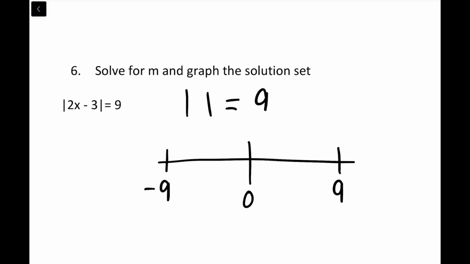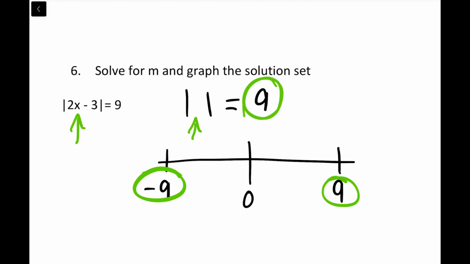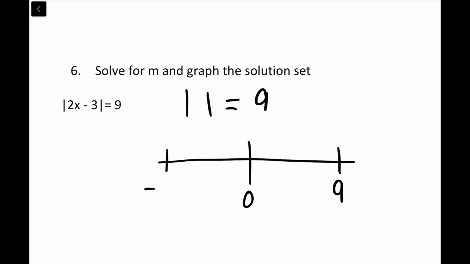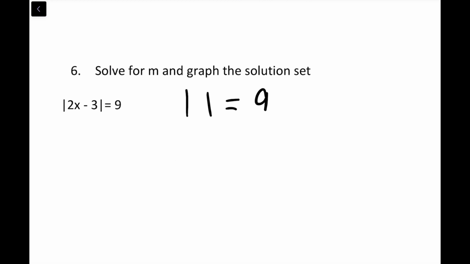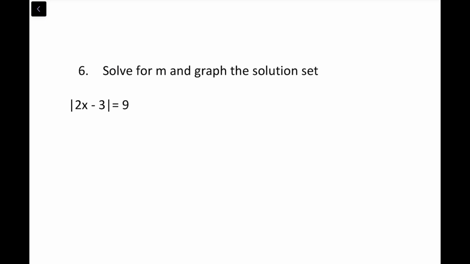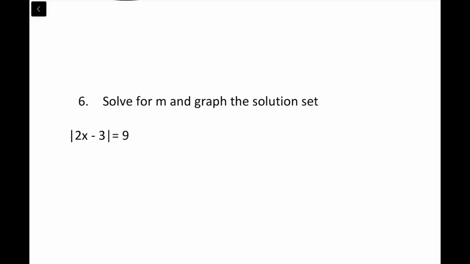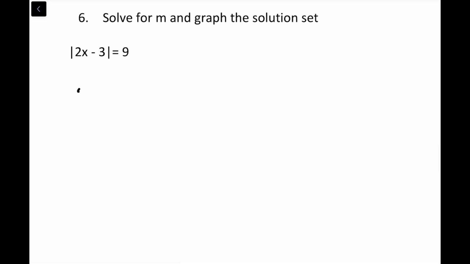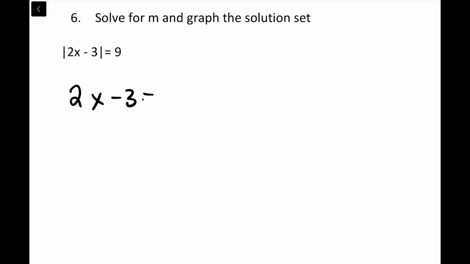So I know that positive 9 and negative 9 could be in absolute value bars to produce a distance of 9 from 0. So I need to solve for when what is in absolute value bars is equal to both of those values. So I want to know when 2x minus 3 equals positive 9 and when it equals negative 9. So I will have 2 solutions here.